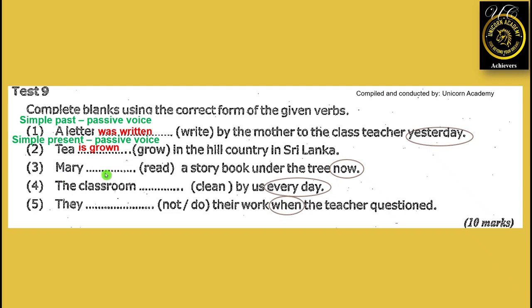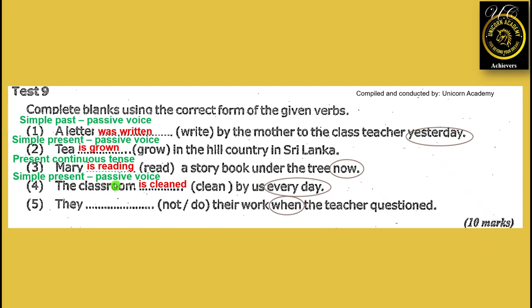Third one, Mary blank read a storybook under the tree now. Now is a clue here. So we have to write the sentence using present continuous form. Is reading is the answer. Fourth one, the classroom blank cleaned by us every day. Every day is a clue.